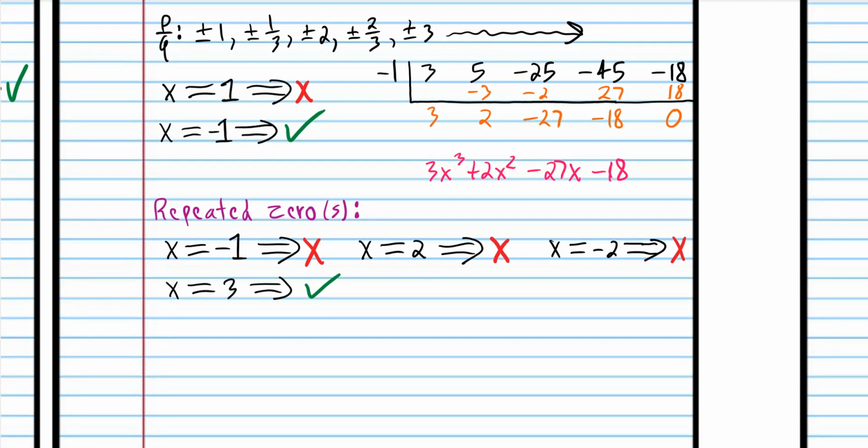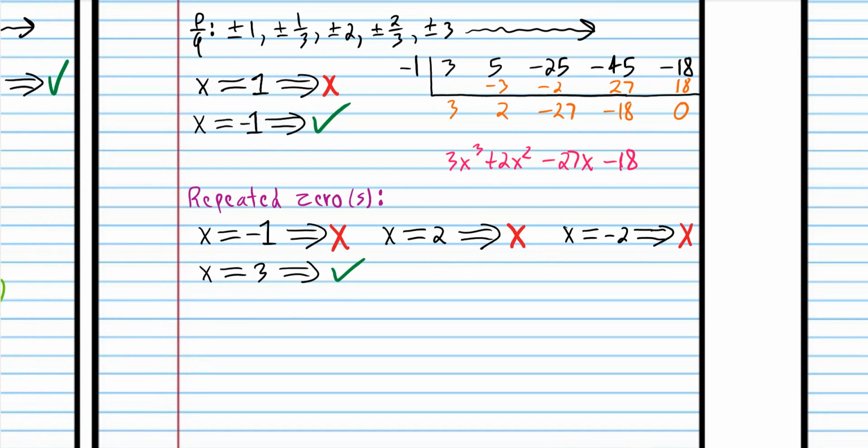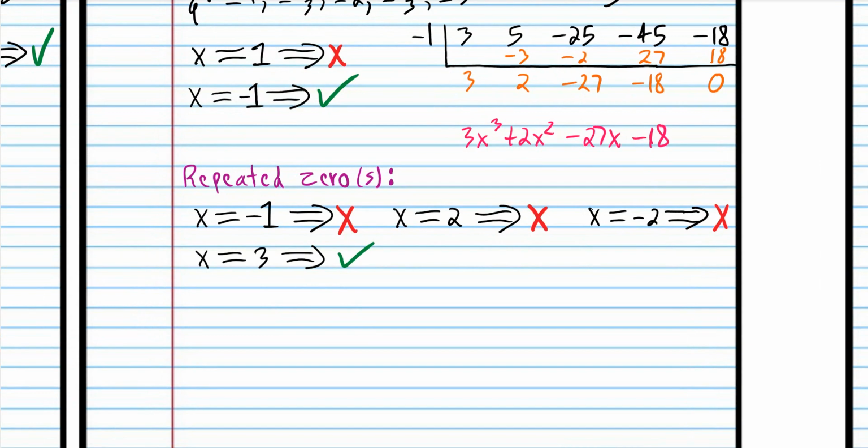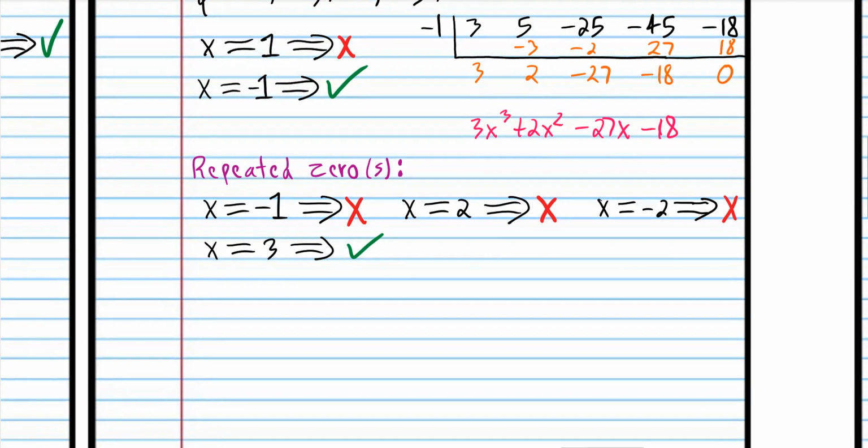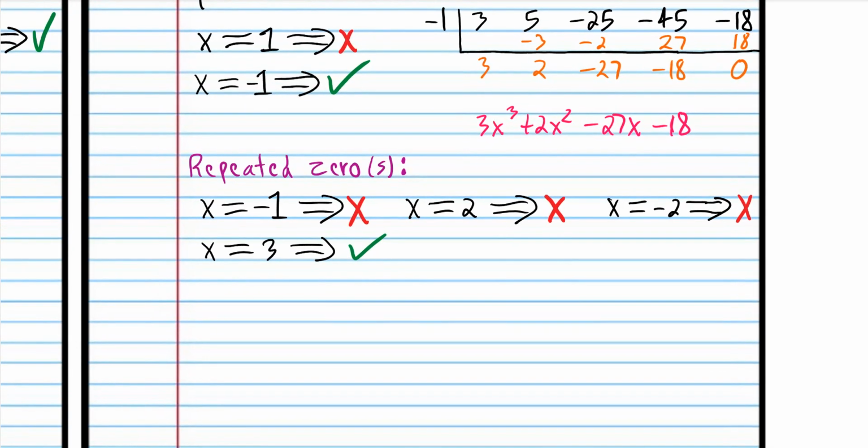Well, we have to divide by x minus 3. If you plug in 3 and it's a 0, then that means that x minus 3 is a factor. So we're going to divide this by x minus 3 and find a depressed polynomial. Again, that's the factor theorem. So go ahead and do that using synthetic division, and when you come back, we'll do it together.